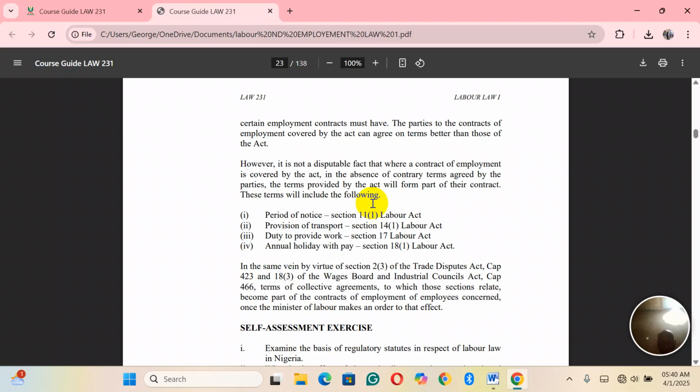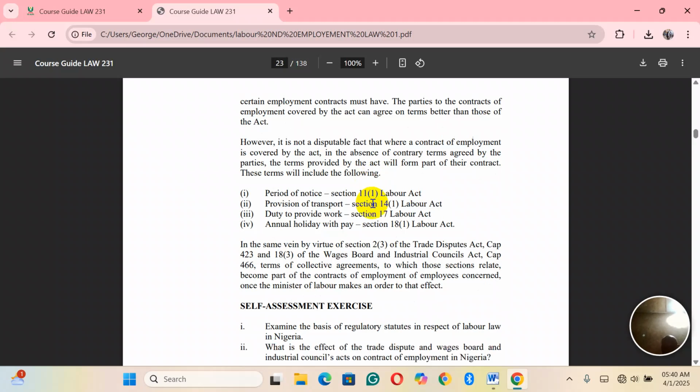In the same vein, by virtue of section 2 subsection 3 of the Trade Disputes Act, Cap 423, and section 18 subsection 3 of the Wages Board and Industrial Council Act, Cap 466, terms of the collective agreements to which the sections relate become part of the contract of employment of the employees concerned once the Minister of Labor makes an order to that effect.